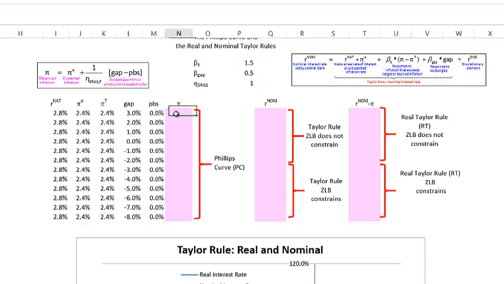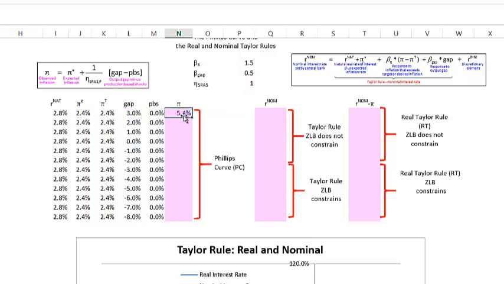So let's apply our Phillips curve, something that we learned in previous chapters. So the inflation rate, first of all, has to be equal to the expected inflation rate, plus 1 over the short-run elasticity of supply, and we're just going to nail that in using our little trick, and then we're going to open up a set of parentheses, and it's going to be the gap minus production-based shocks, which are always going to be 0.